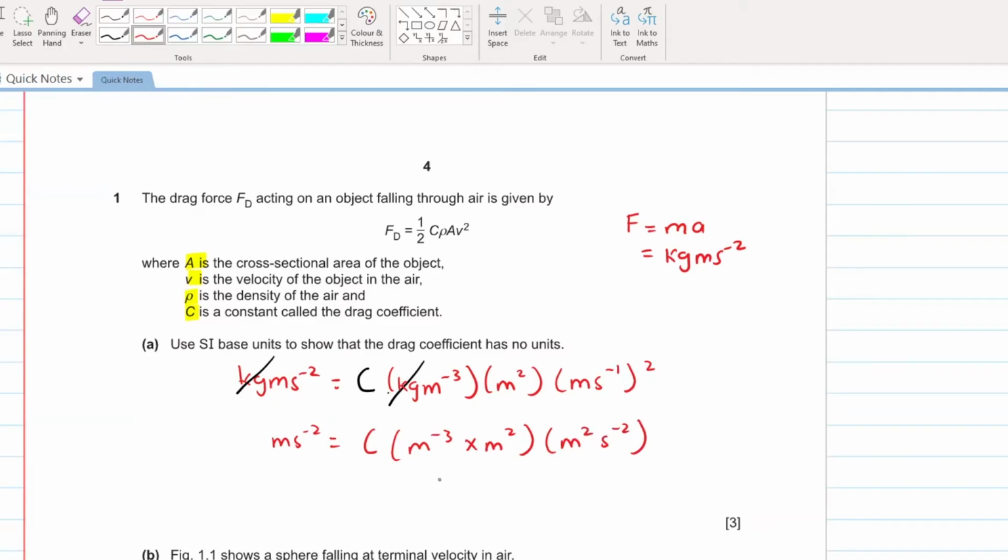So what are your units becoming? m s^-2 equals capital C times meter to the power minus 3 plus 2 plus 2, which becomes meter second minus 2. Can you realize this m s^-2 gets cancelled out with this m s^-2? C has no units.